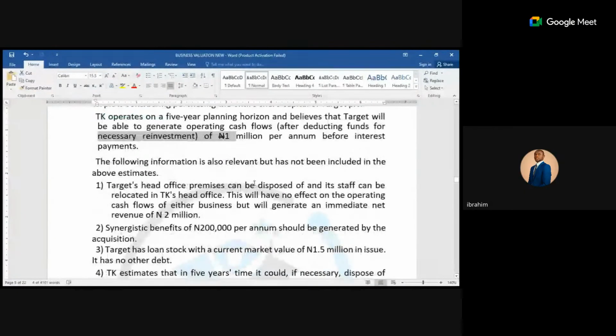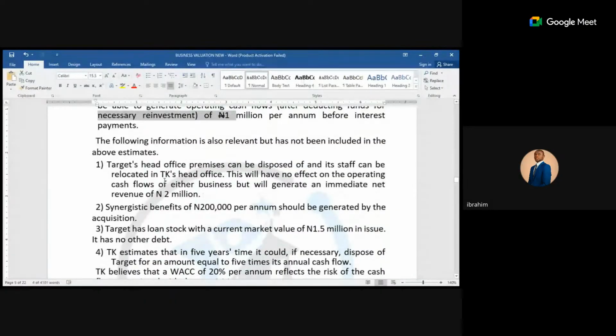The following information is also relevant, but has not been included in the above estimates. They've not included it in what they will actually generate. One, Target's head office premises can be disposed of and its staff can be relocated in TK head office.